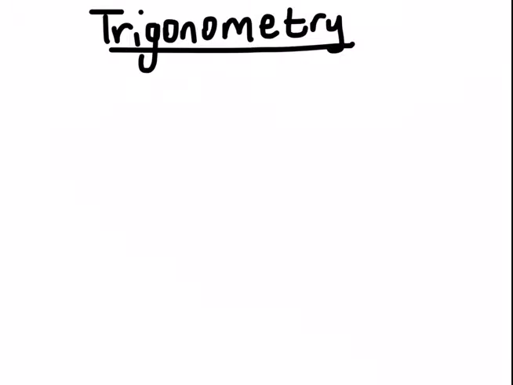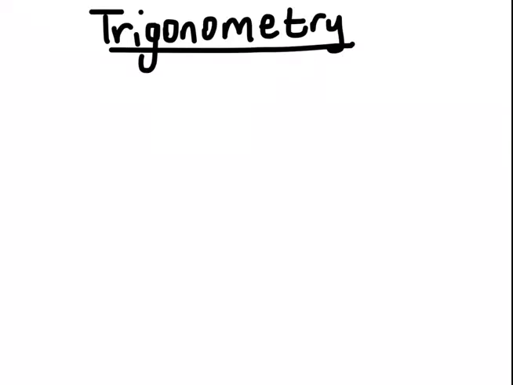So most importantly, I'm going to start with a quick revision so that you've got an idea of where this topic comes from. But in short, it builds up from Pythagoras, what you already know. I'll just first remind you of that, and then from there I will explain what exactly trigonometry is.